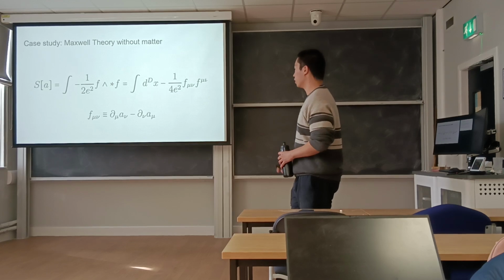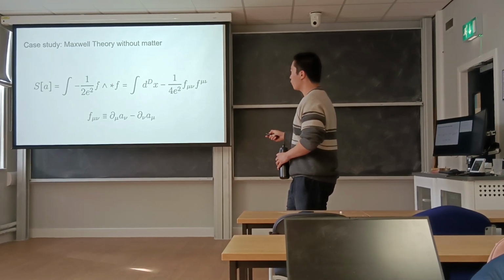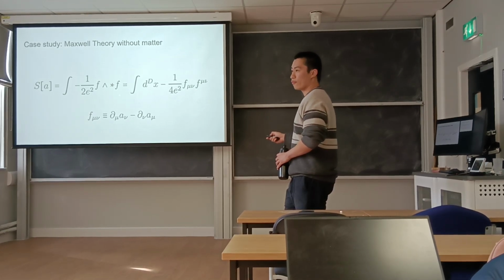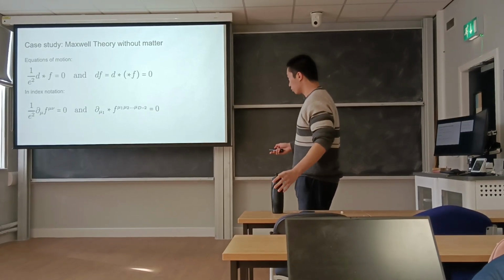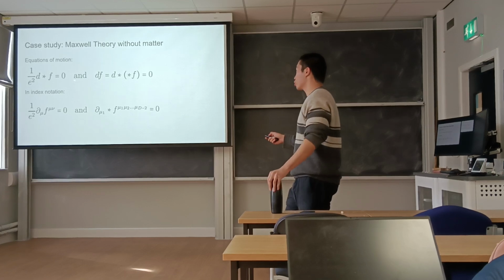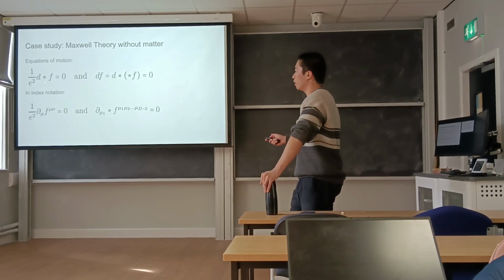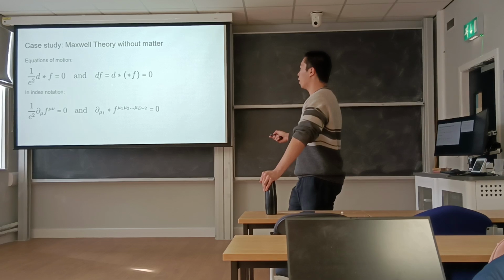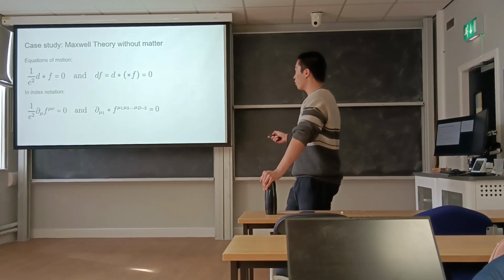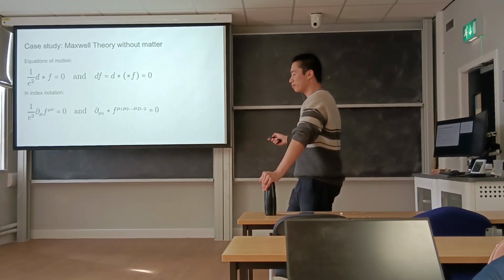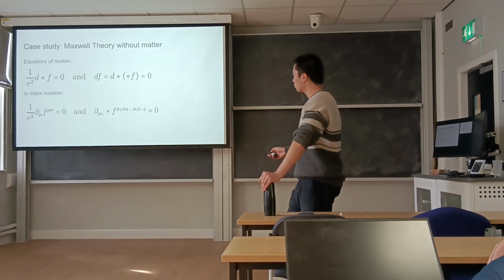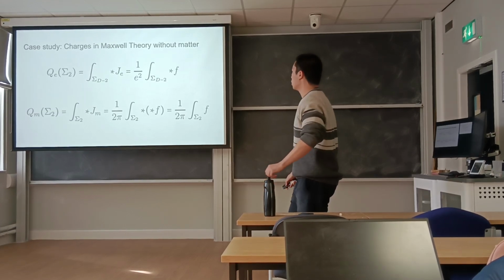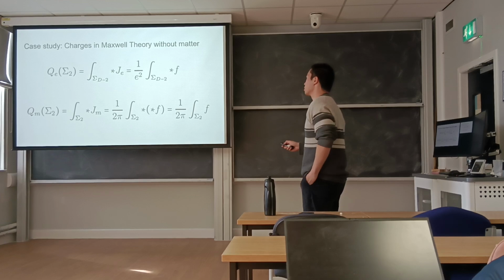This action is given in terms of F as well as the Hodge dual of F. Now we get our equations of motion, which is the exterior derivative of the Hodge dual of F, as well as the exterior derivative of F, which is the Hodge dual of the Hodge dual. Now, this is the index notation. And then we have again the charges.